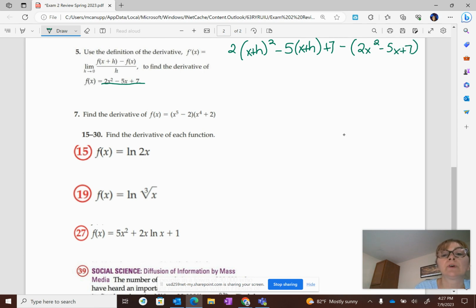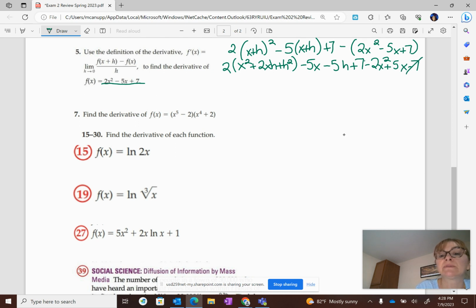Okay, so I'm foiling this out, and you get x squared plus 2xh plus h squared minus 5 times x minus 5 times h minus 2x squared. Minus times a minus is a plus 5x. Minus times a plus is minus 7.